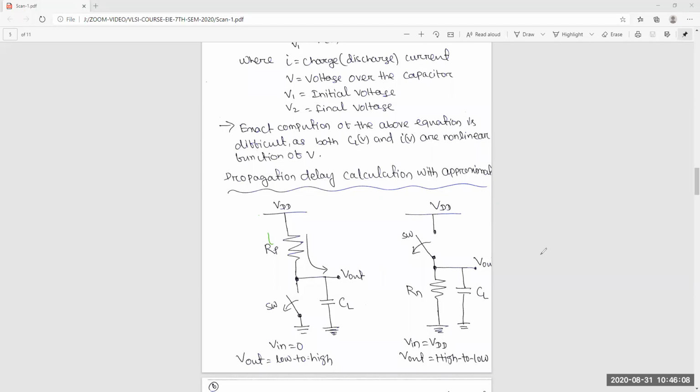This is your VDD, the resistor RP, and this is your CL.